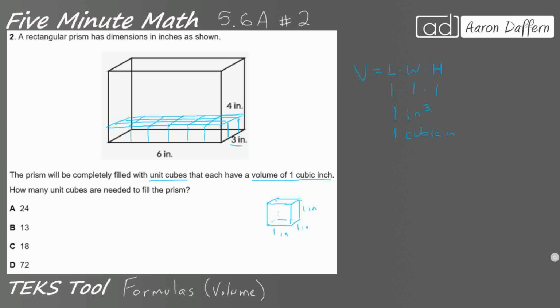And so we can think, well, how many cubes are in this layer? Well, I've got 6 columns of 3, or I can view it as 3 rows of 6. Either way, we're looking at your 6 and your 3, and your 6 times 3 means I've got a bottom layer of 18, right? I've got 18 little cubes here on the bottom.